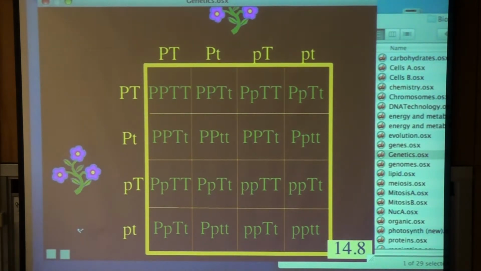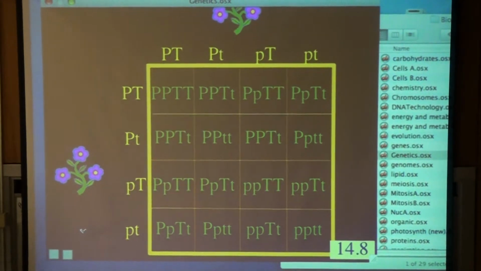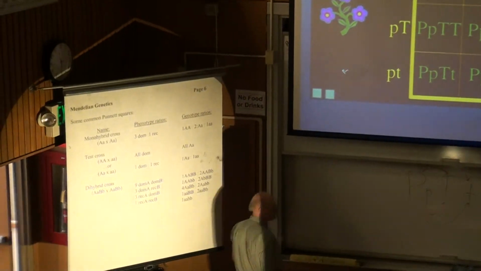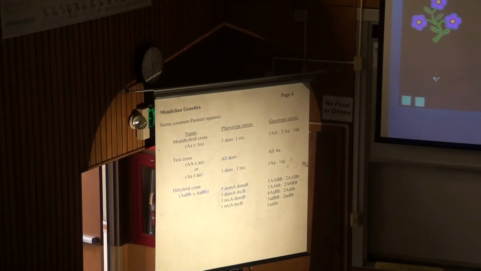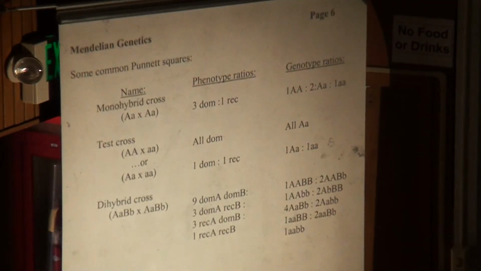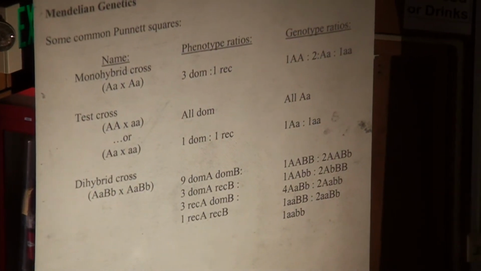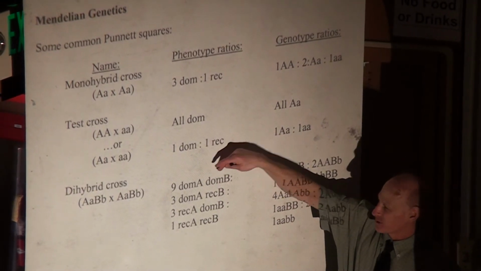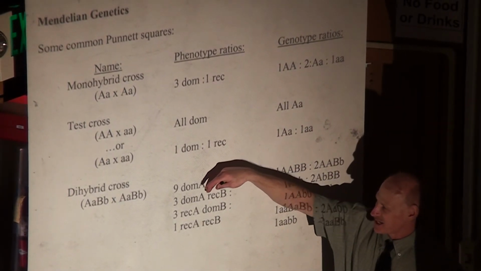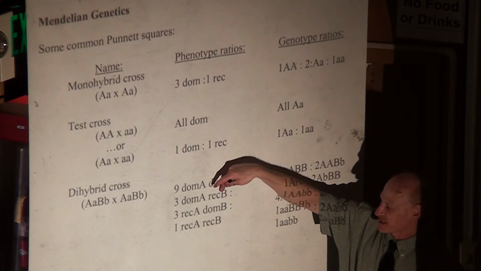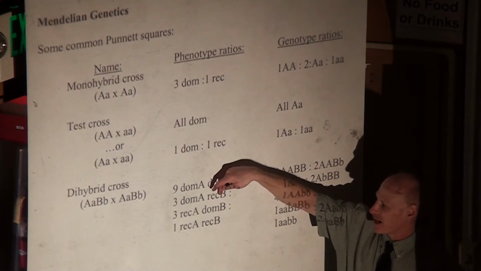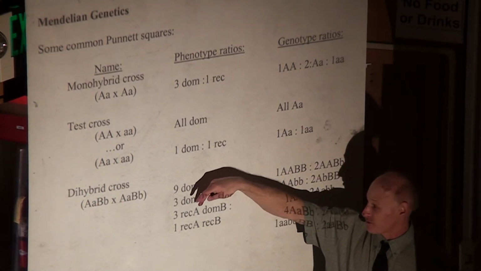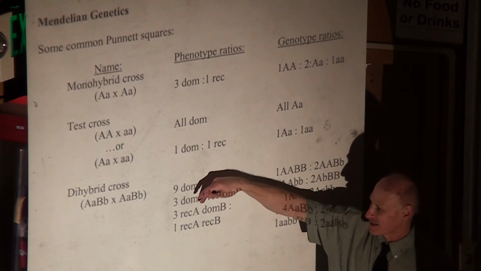If you look at those squares and you actually kept track of all the phenotypes, of the 16 possibilities, 9 out of the 16 show dominant for the A trait and dominant for the B trait, purple tall. 3 out of the 16 will show dominant for one trait and recessive for the second trait, so purple white. 3 out of the 16 will show recessive for the first trait and dominant for the second.